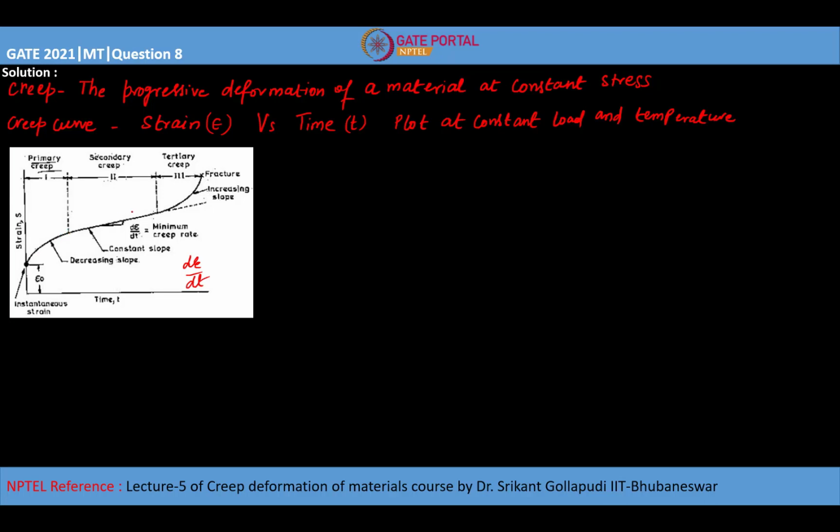Coming to stage 2, which is also called secondary creep, here the slope is almost constant. So the creep rate won't be changing. It will be the same throughout this stage. This stage arises when there is a balance between strain hardening and recovery, which take place simultaneously.